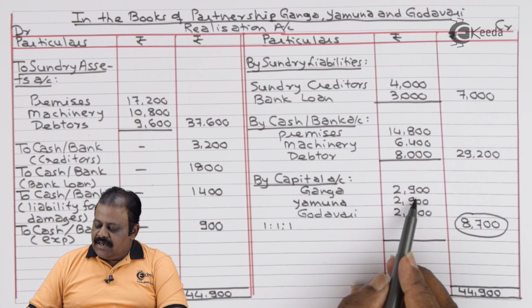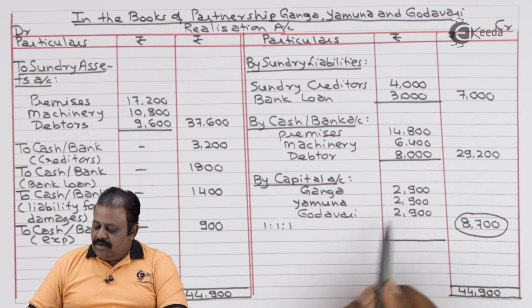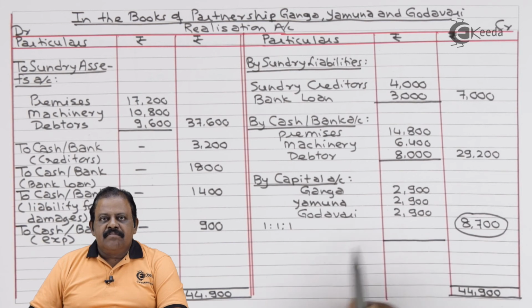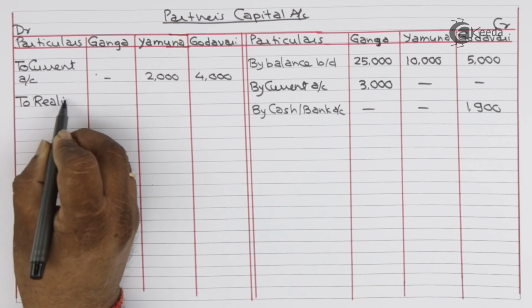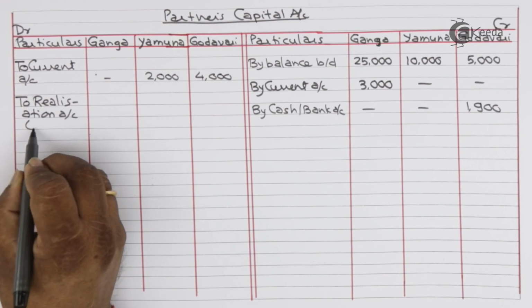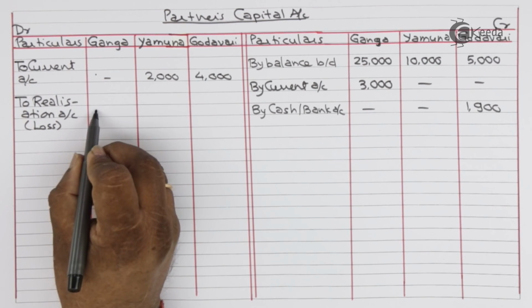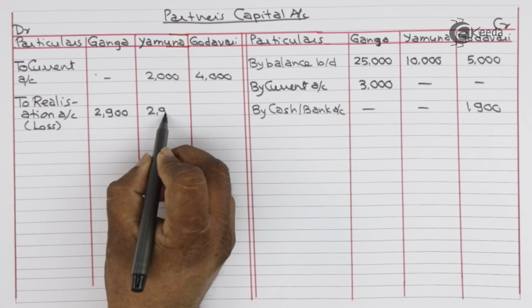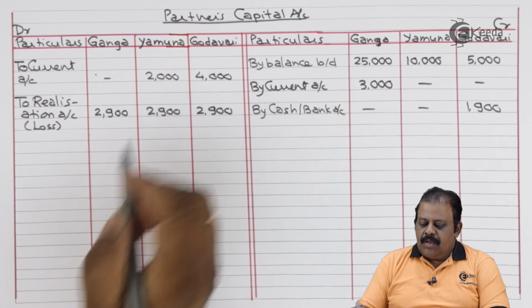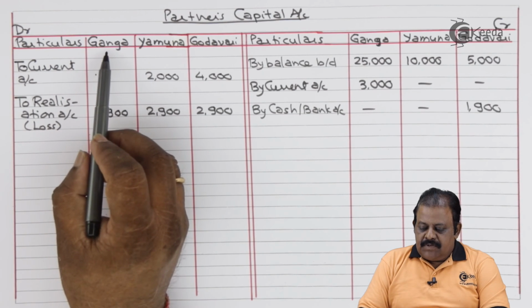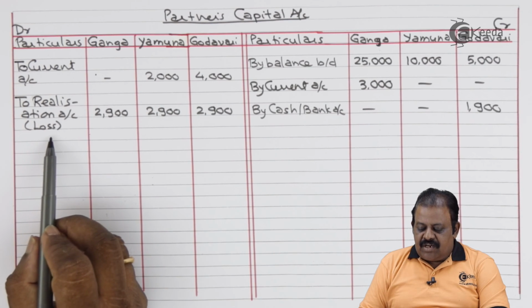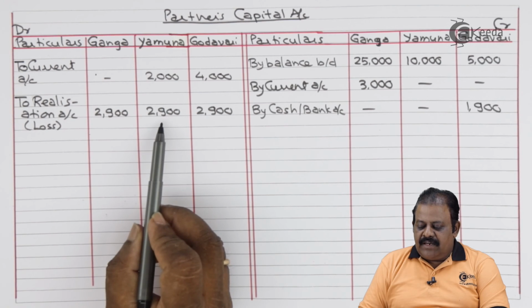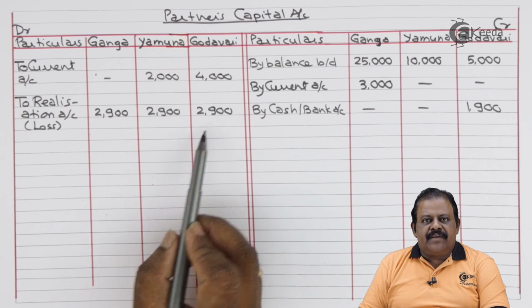Ganga 2,900, Yamuna 2,900, Godavari 2,900. This will be transferred to the debit of their capital accounts. Partners capital account debit, Ganga, Yamuna, Godavari, to realization account, loss transferred 2,900, 2,900 and 2,900.